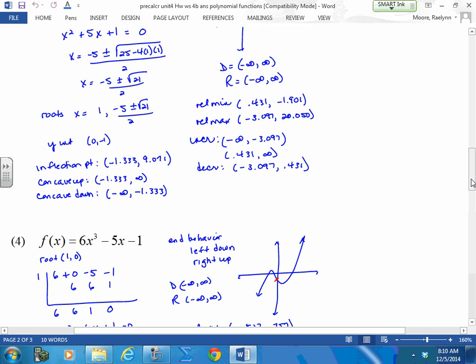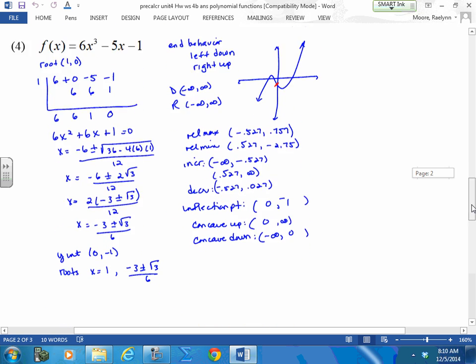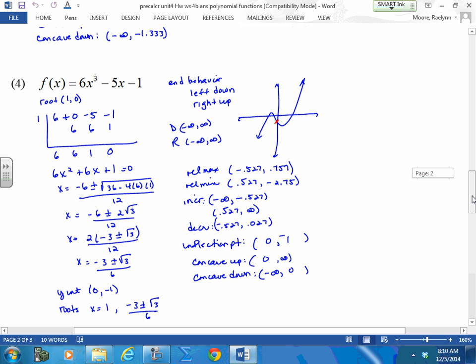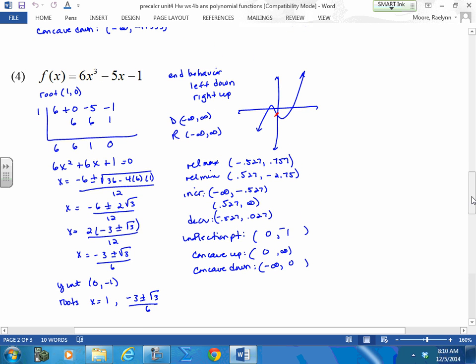There's my 1.33. I just took it off the wrong problem. Okay, this is the one that I didn't do. I did this one. Okay, this is number 4, guys. Just so that you could walk through it.